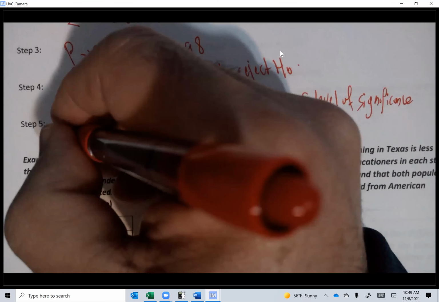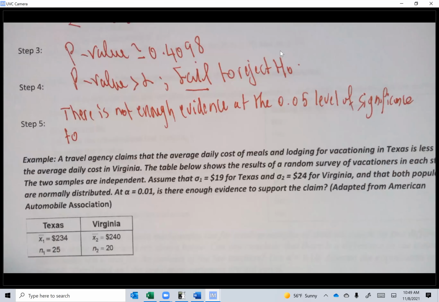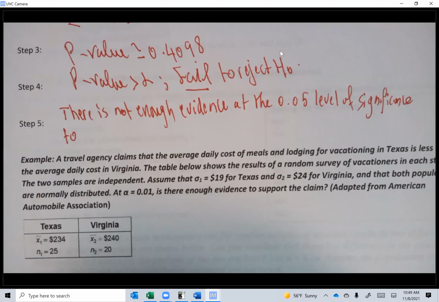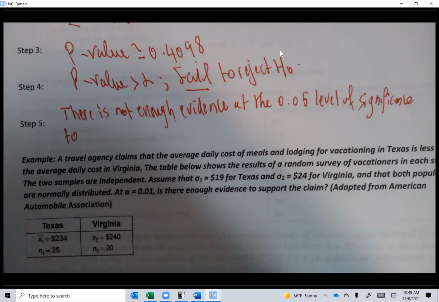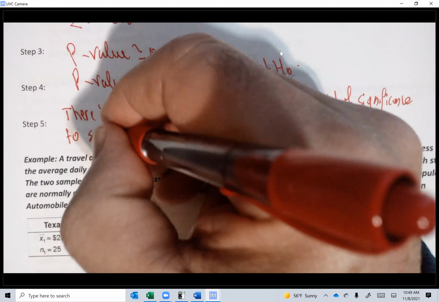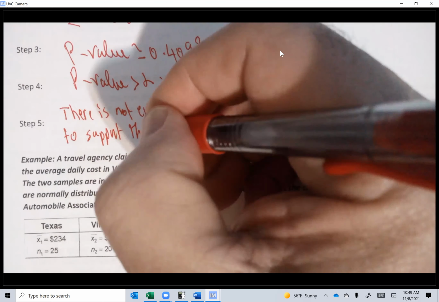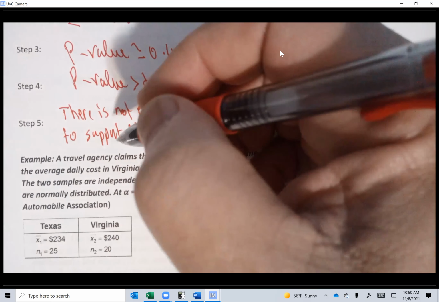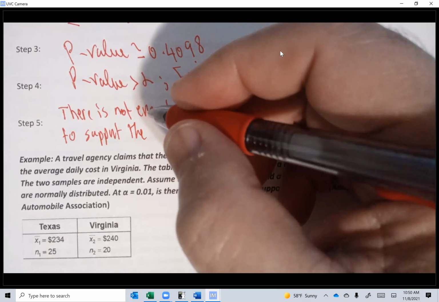To, what's the magic word, guys? The claim is in HA. There is not enough evidence to what? Support. Thank you. To support the credit card watchdog group claim.